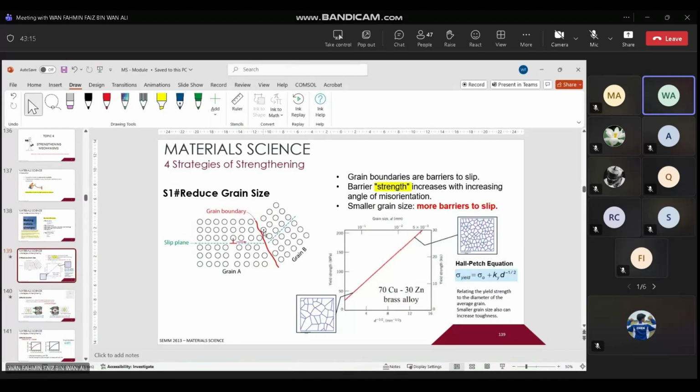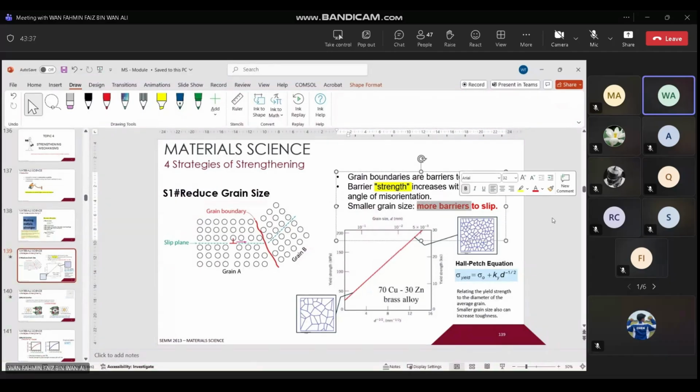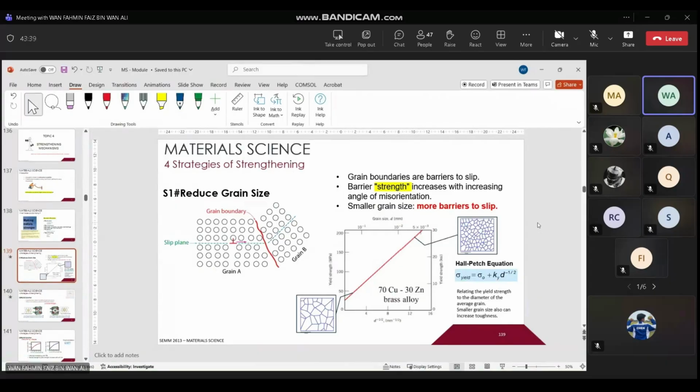The finer or smaller the grain size, the more barriers, the more grain boundaries. These barriers and walls provide strength to prevent dislocation. Smaller grain size means more barriers, and it is much more difficult for the atoms to move.